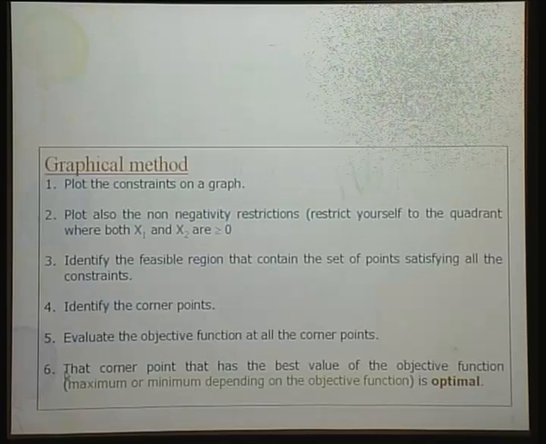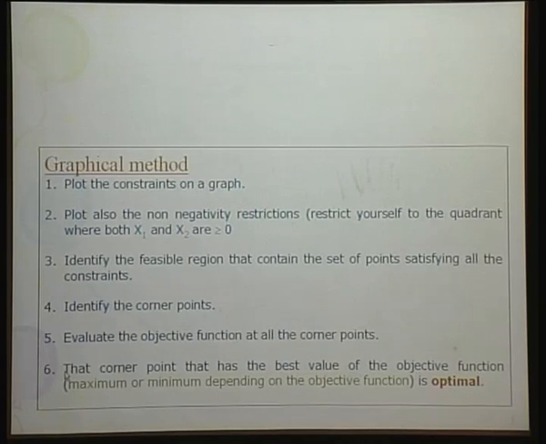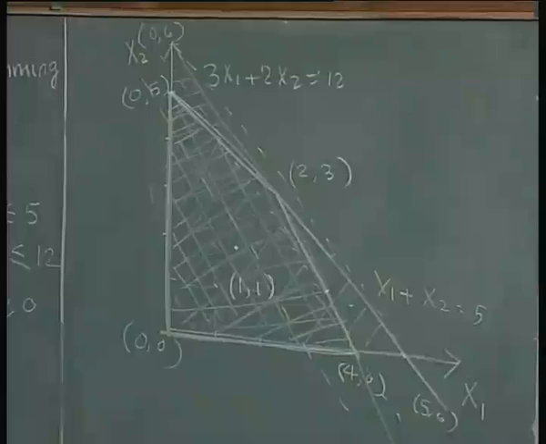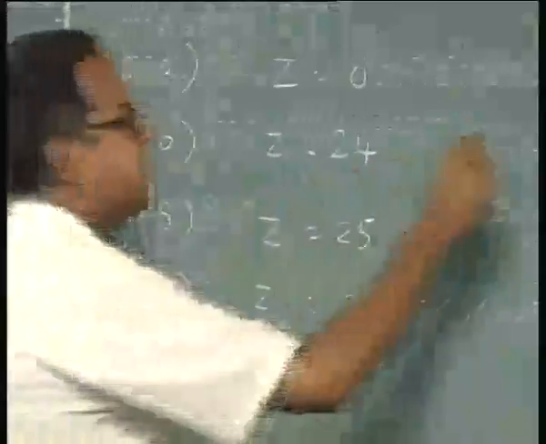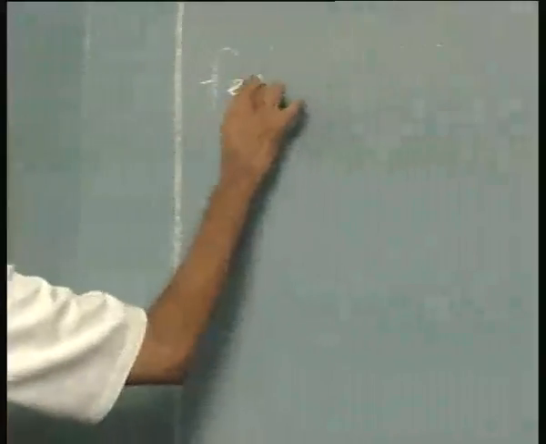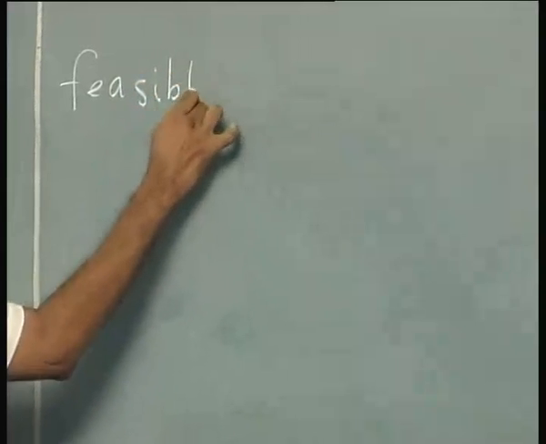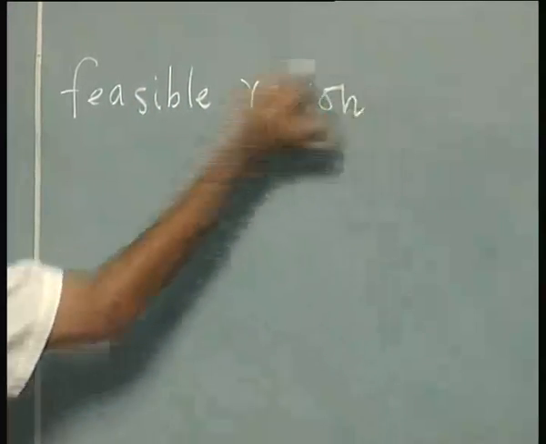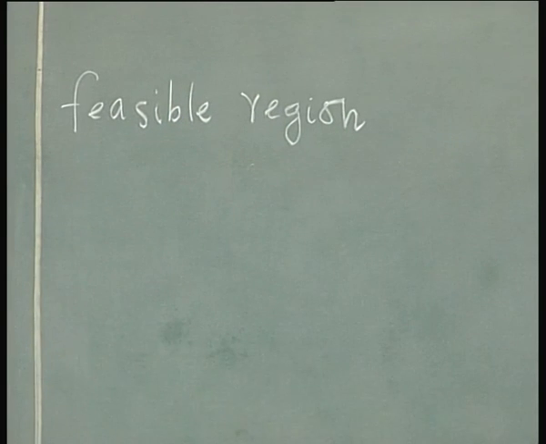So, in fact, before we do that, let us also define some terminology, as I had been saying. The first important thing is this region, the common region which satisfies all these constraints, is called a feasible region.